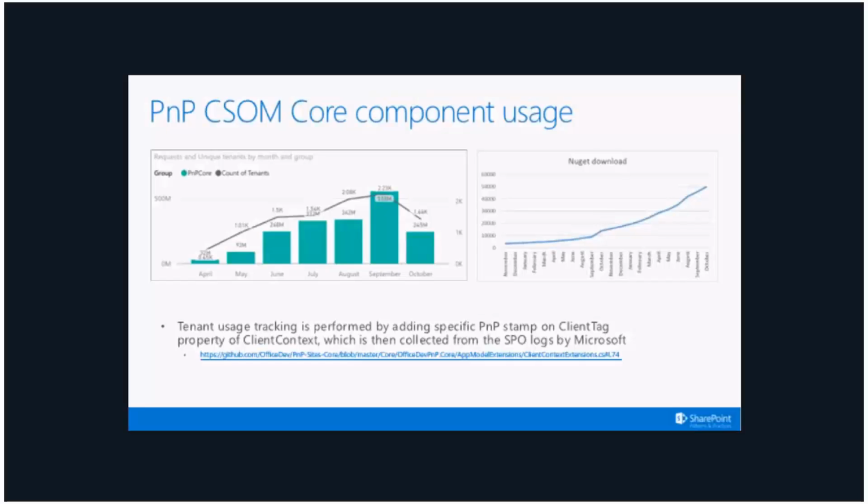And why is that number interesting for you? Well, if you're considering using the PMP, let's say the provisioning engine, the core component or the PMP PowerShell, the fact that more than 2,000 other tenants are using that will give you confidence, most likely, that it's production proven.